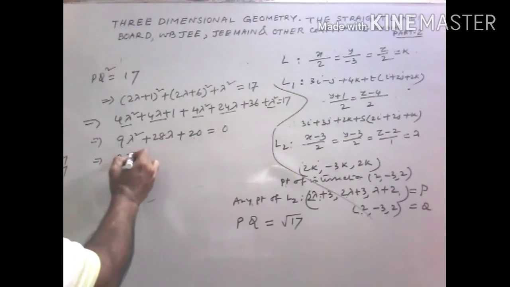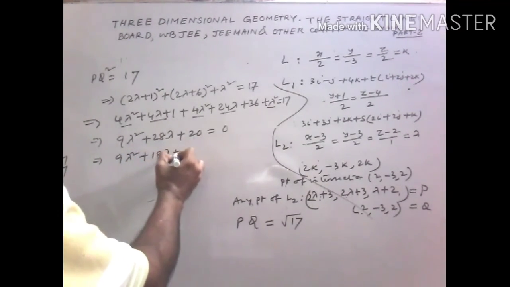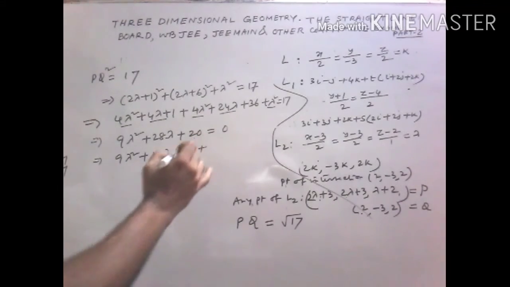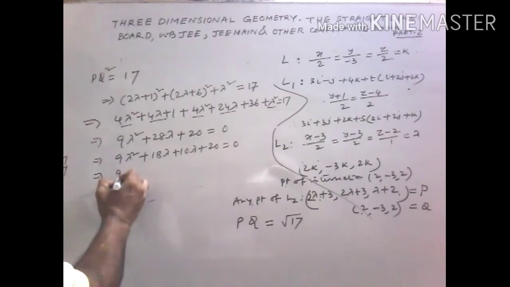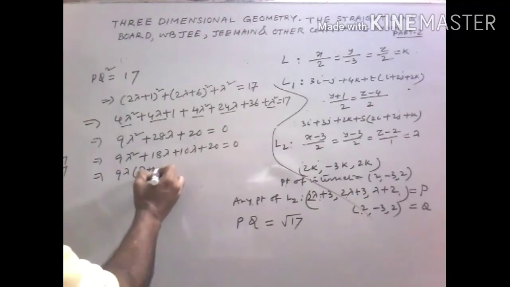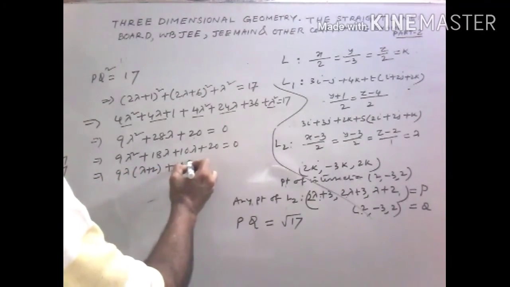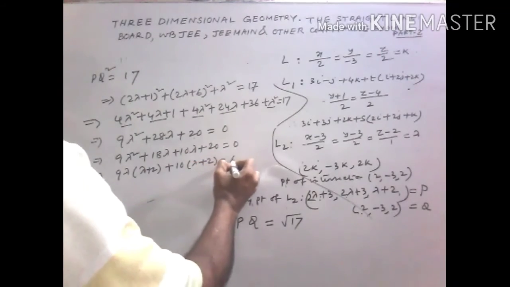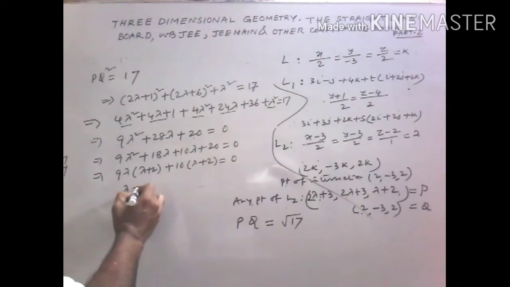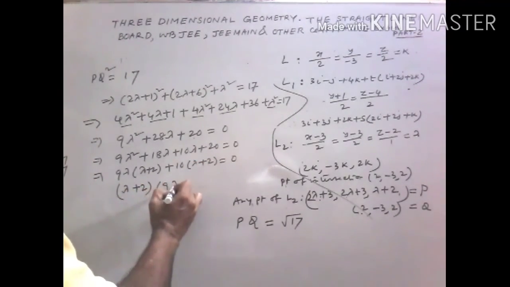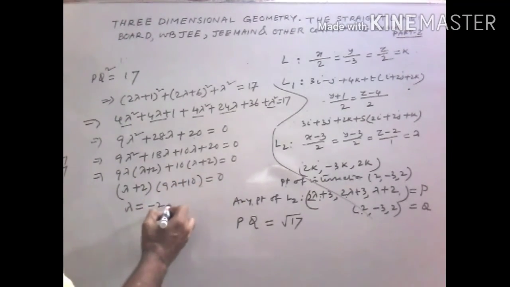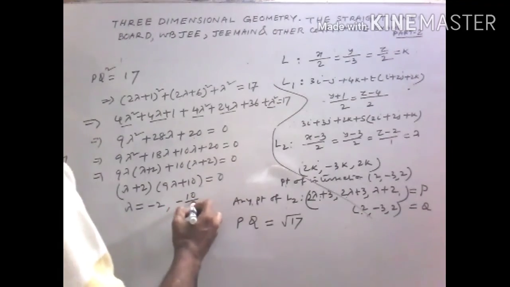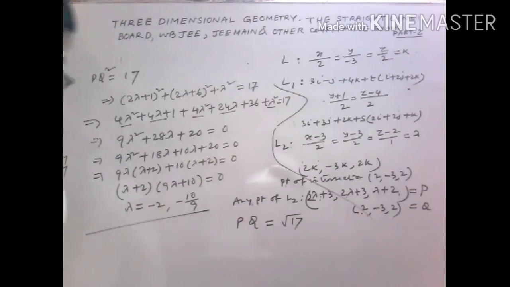So 9 lambda square plus 18 lambda plus 10 lambda plus 20 equals 0. Taking 9 lambda common from the first two and 10 common from the last two, lambda plus 2 into 9 lambda plus 10 equals 0. So lambda equals minus 2 and minus 10 by 9.